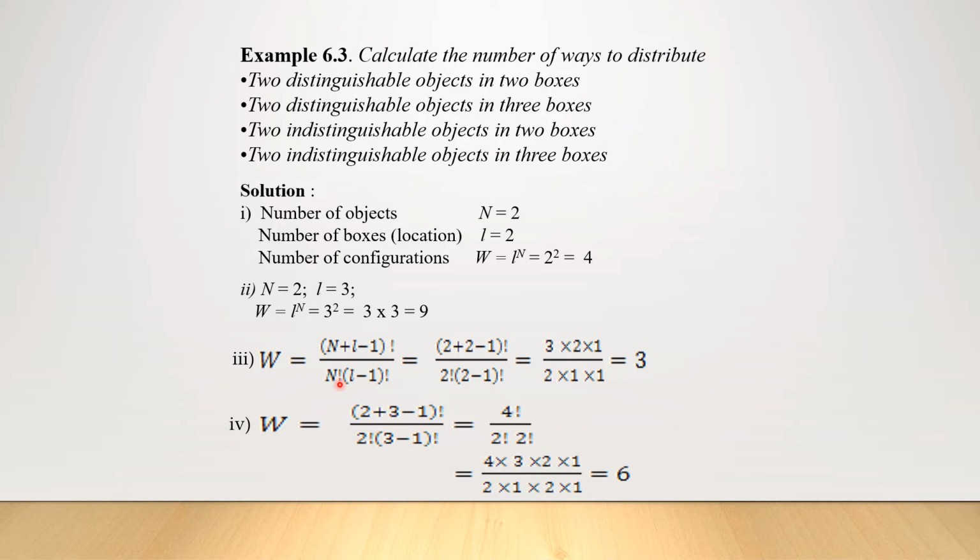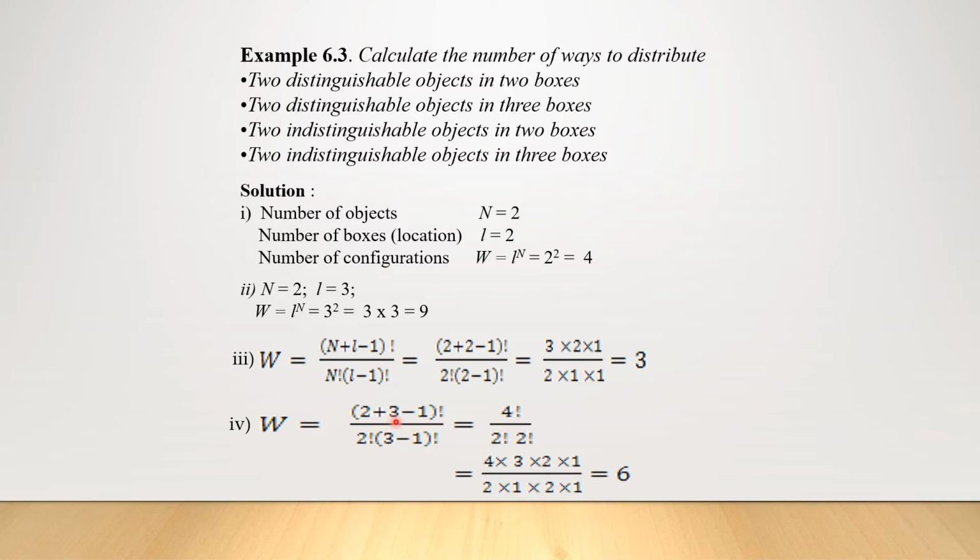So substitute the value of n as 2, but here the number of locations, boxes, is 3. So the value of L is 3. The value of n is 2, the value of L is 3. So substitute in the same formula for the fourth case.